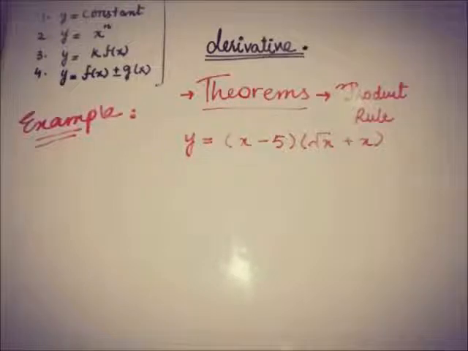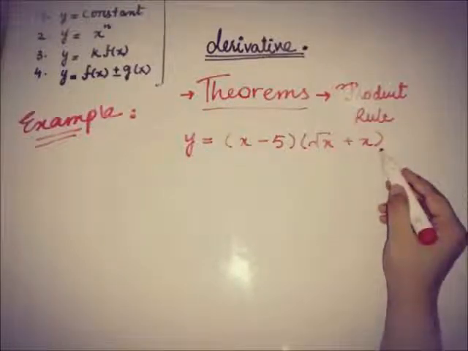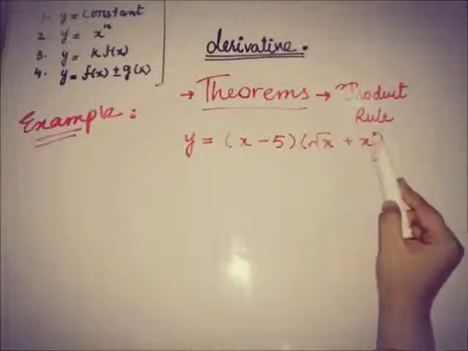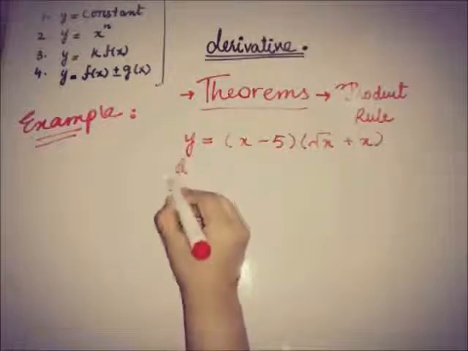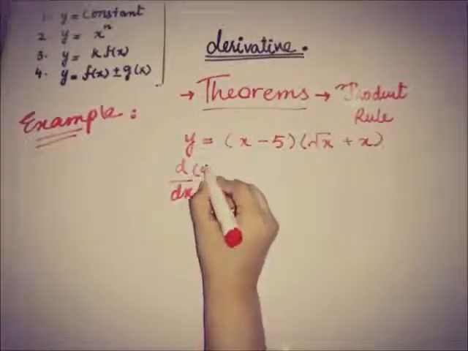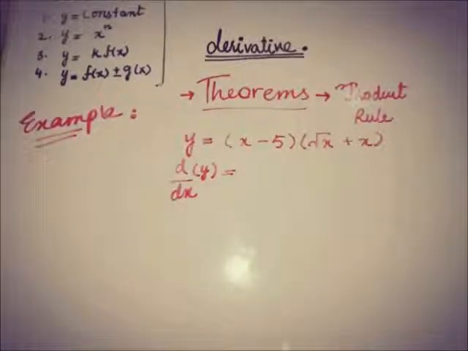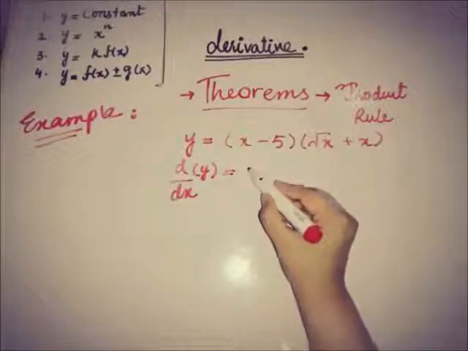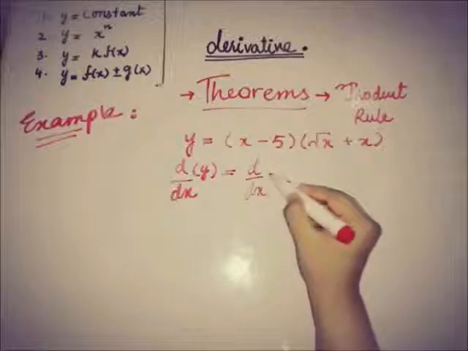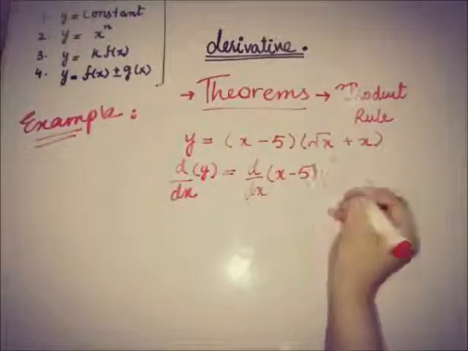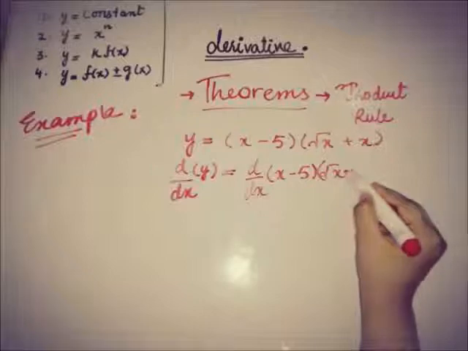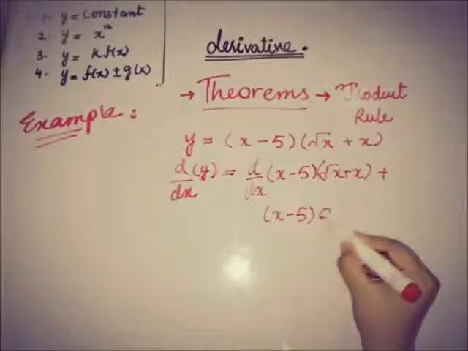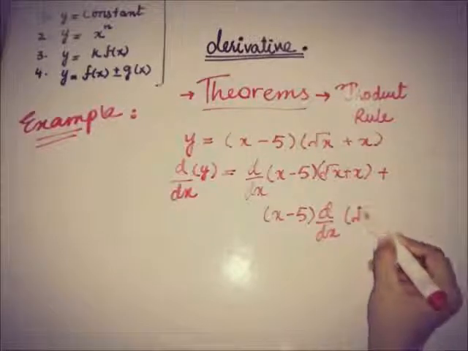So we'll take an example. If this is the function x minus 5 times square root of x plus x, then we have to find the derivative of the function. Then d by dx of y is equal to, by applying the product rule, the rate of change of the first function with the second function as it is, plus the first function as it is and the rate of change of the second function.